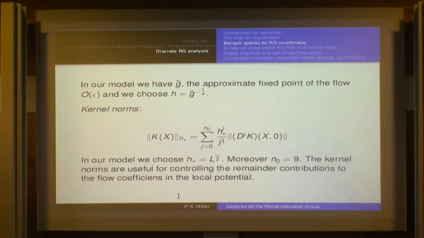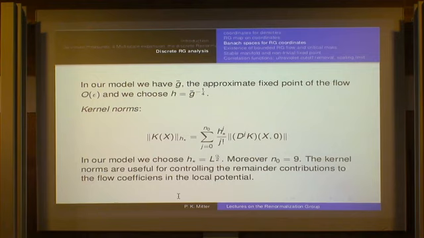So I would also like to measure the flow coefficients. The flow coefficients are numbers, okay? And they are measured by the so-called kernel norms, which is then evaluated at the origin. Since it's evaluated at the origin and the field is zero, you don't need a large field regulator at all.